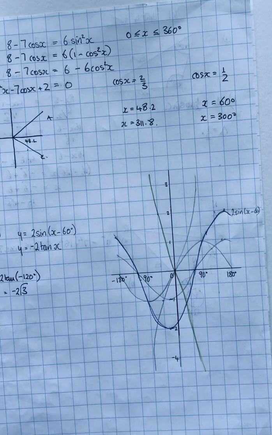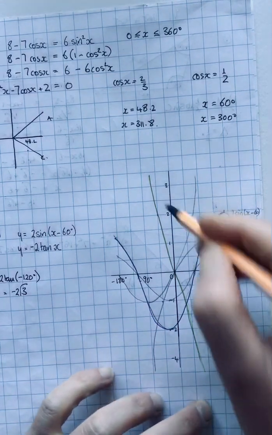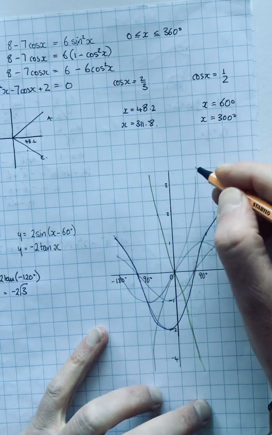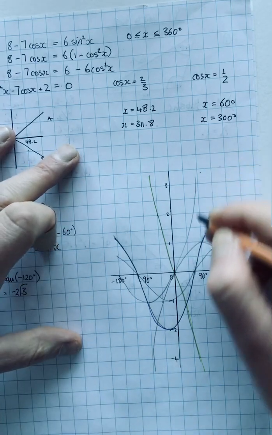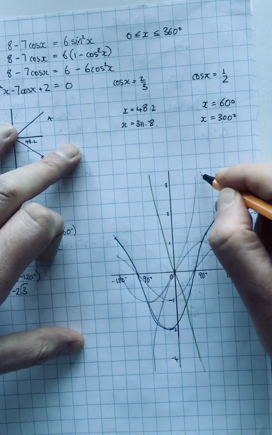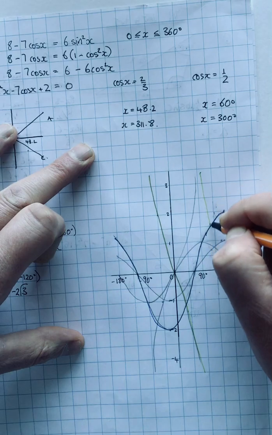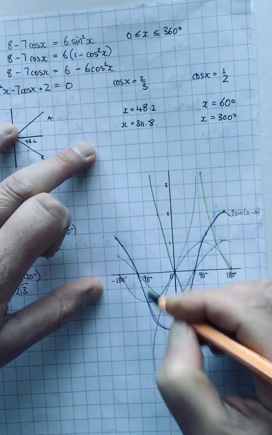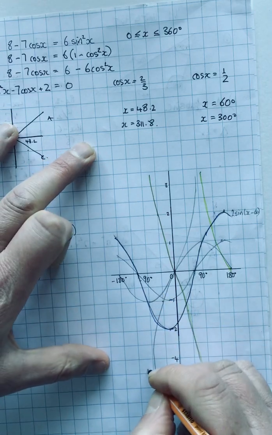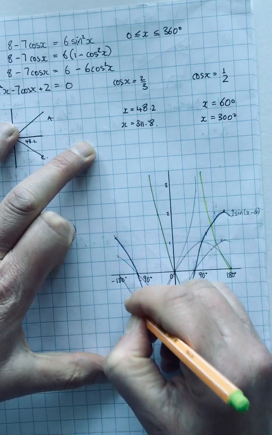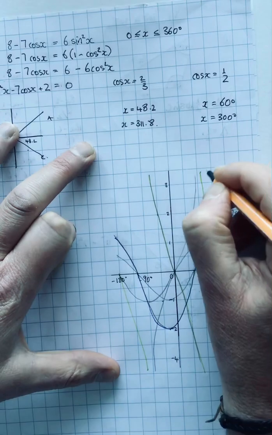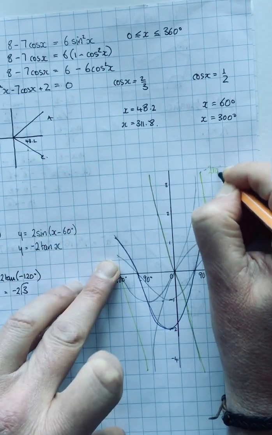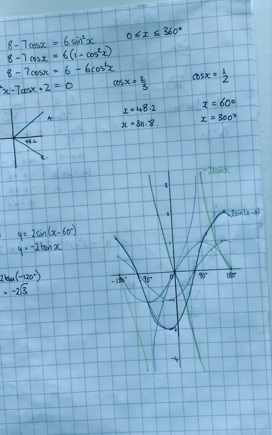So tan just carries on every 180, so this line is going to go down to there. And this one is going to come up from here to about there. So that is minus 2 tan x.